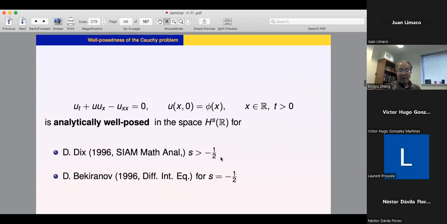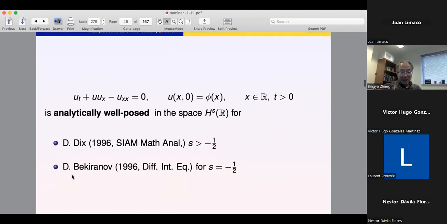In the same year, Dirk Randolph also showed that it is analytically well-posed for s equal to -1/2. And Dix showed that if s is less than -1/2, it is ill-posed. So this is a sharp result.